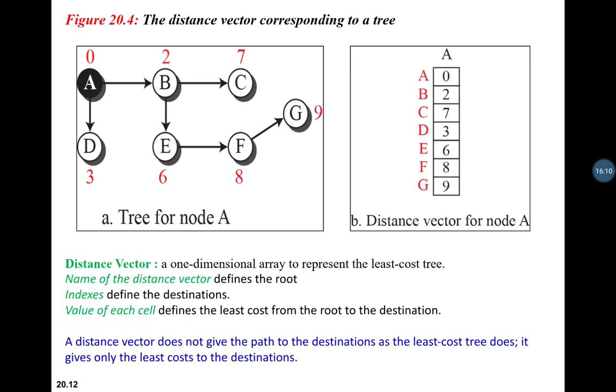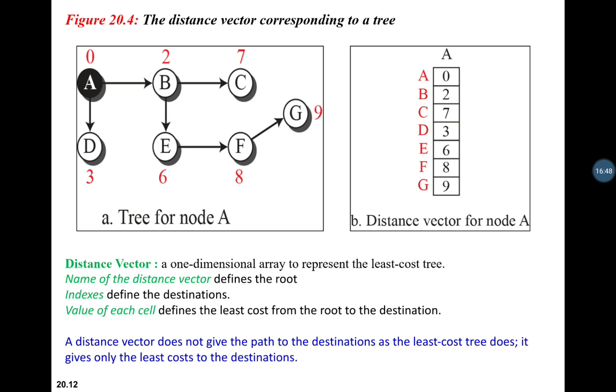Next, the second thing that we should know before going to the distance vector routing algorithm, along with the Bellman-Ford equation, is the distance vector. A least cost tree is a combination of least cost paths from the root of the tree to all the destinations, and these paths are graphically glued together to form the tree. Distance vector routing creates distance vectors, which are one-dimensional arrays used to represent this least cost tree.